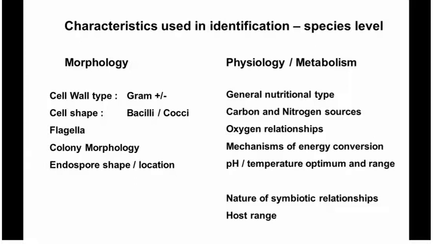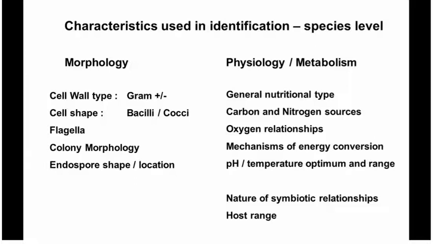So under the microscope, you perform a gram stain, and you can determine whether you've got gram positives, gram negatives, cocci, bacilli, whether you've got streptococci, staphylococci. These types of information are a good start for identifying your bacteria.